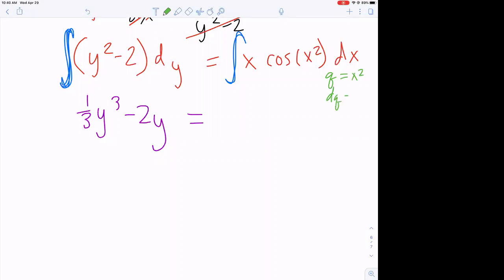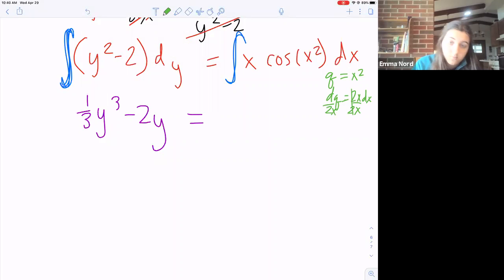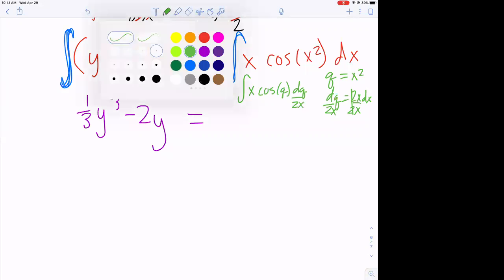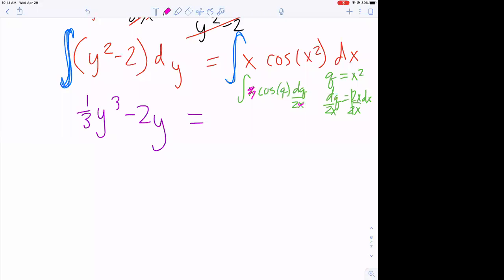dq would be 2x dx. And if I divide by 2x, then I'm going to have the integral of x cosine q dq over 2x. And then the x's are going to go away.